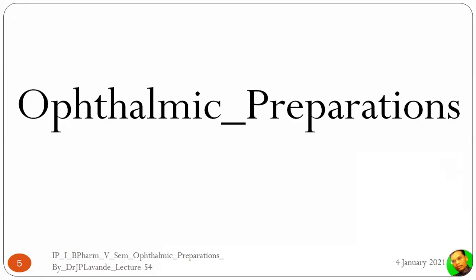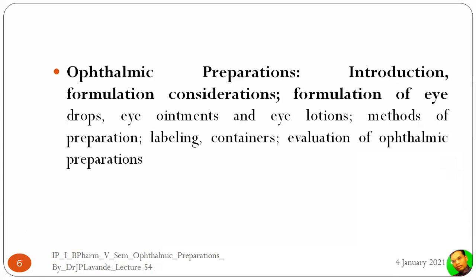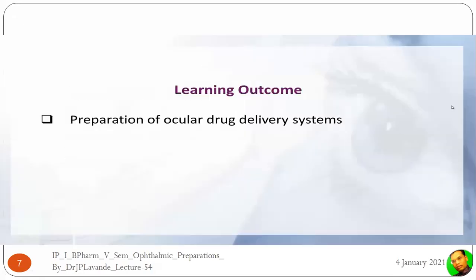Okay, so if you see the ophthalmic preparations, there are a number of preparations like eye drops, eye ointments, ocular inserts, right? And already we have started the details associated with the ophthalmic preparations. Today we will go through the preparation of some of the ocular drug delivery systems, that is ODDS.